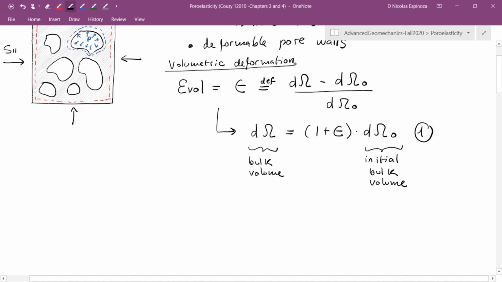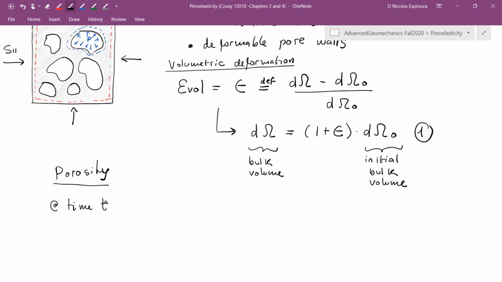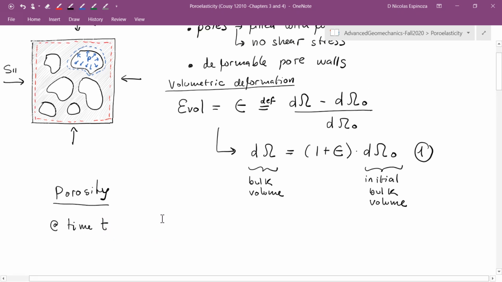All right, so now let's go with porosity. Porosity at any time, let's say at a time t, after it deforms, I can define it as the ratio of the voids, and let's do this definition just with a schematic.